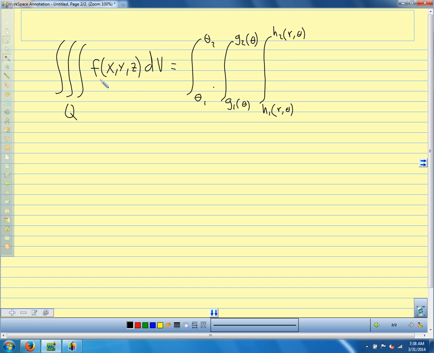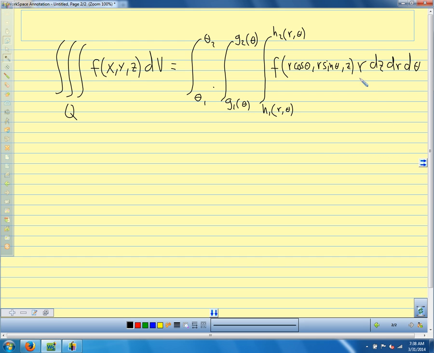We're going to express our function in terms of cylindrical coordinates, so we get f of r cosine theta, r sine theta, and z, r dz dr d theta.